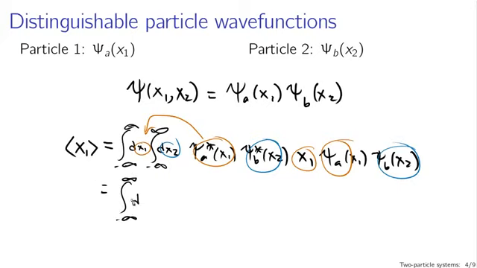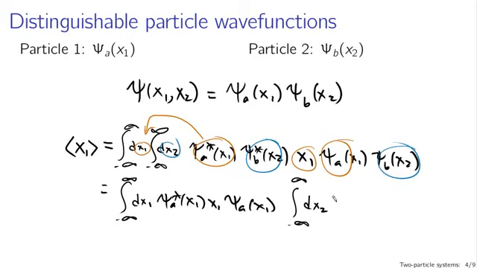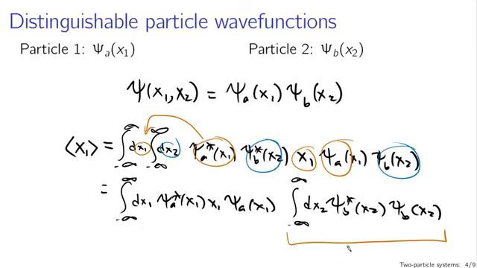Integral from minus infinity to infinity dx1 of psi sub a star of x1, psi sub a of x1 for my first integral, and the integral from minus infinity to infinity with respect to x2 of psi b star of x2, psi b of x2. So these integrals essentially separate out, and this is a normalization integral for psi sub b. If psi sub b is normalized, this is going to go to 1.